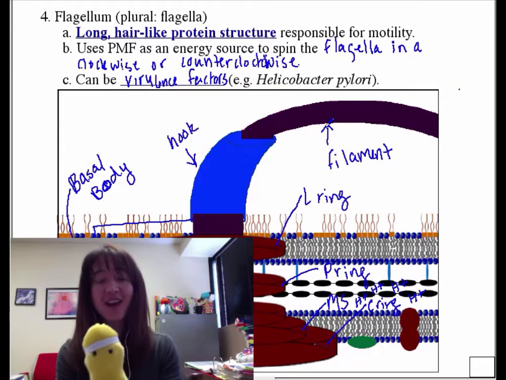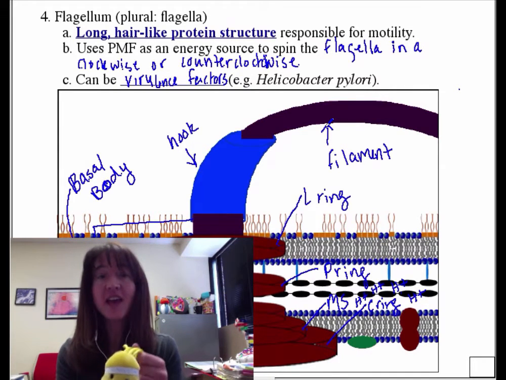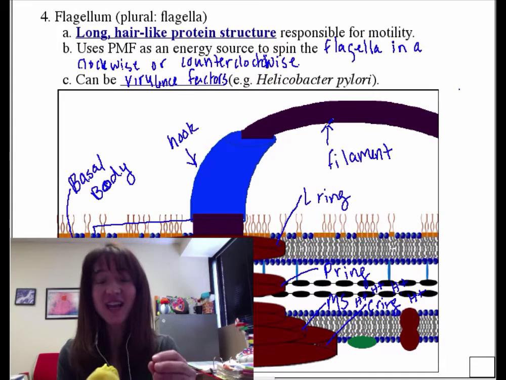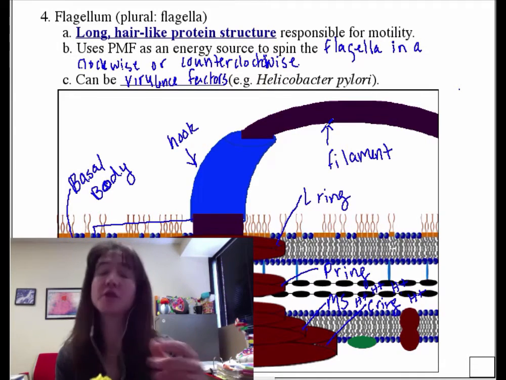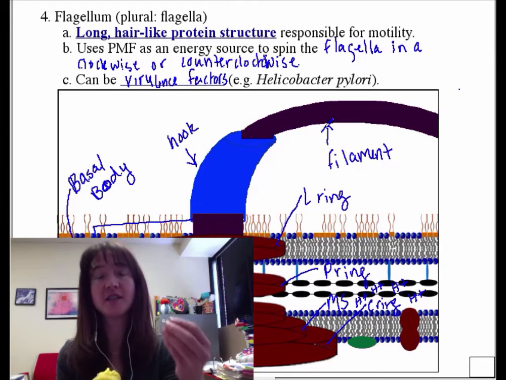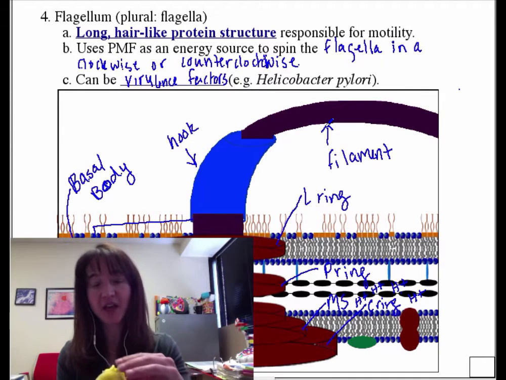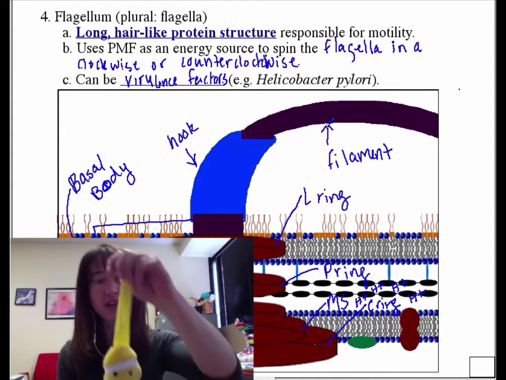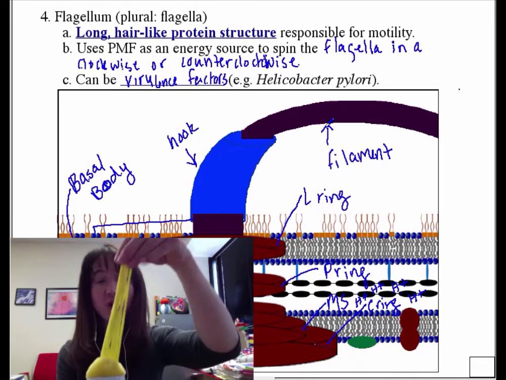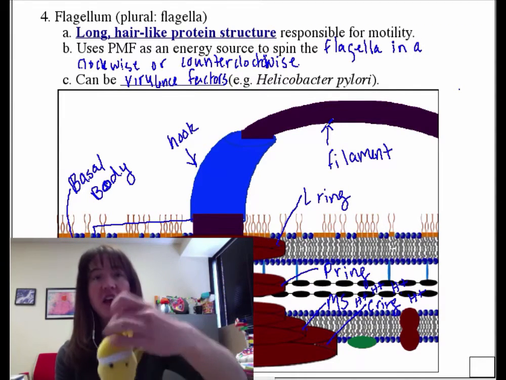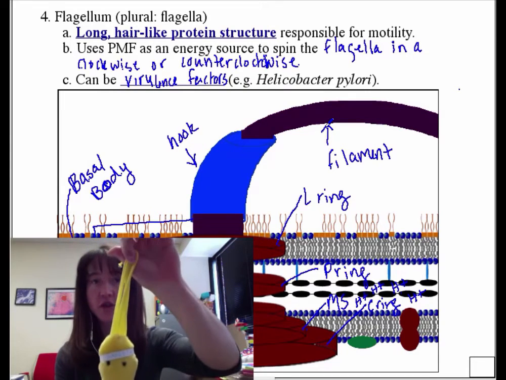But in any case, Helicobacter pylori is maybe a misunderstood gangster, because in fact it can cause peptic ulcers. We know that a part of what it does is contribute to the development or the disease presentation of peptic ulcers. And one of the ways that it does that is because it has what we call lophotrichous flagella. So check out this mohawk, but in fact these are a tuft of flagella at one end of the cell, lophotrichous.